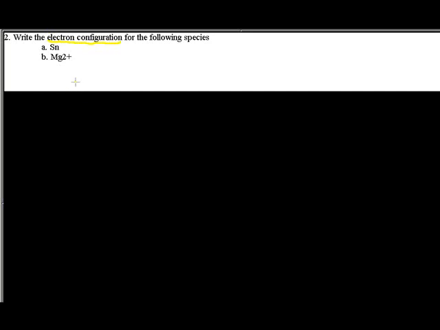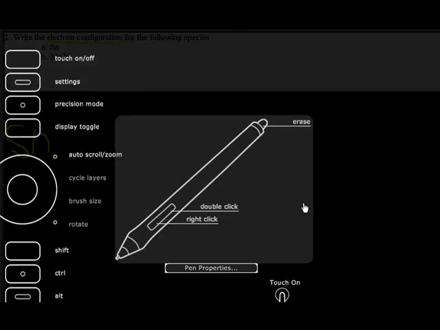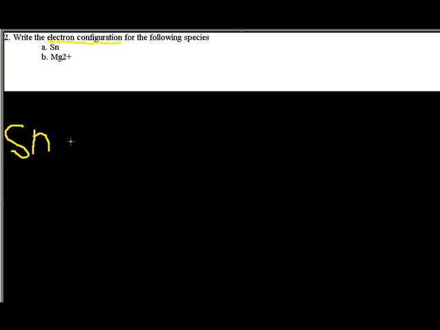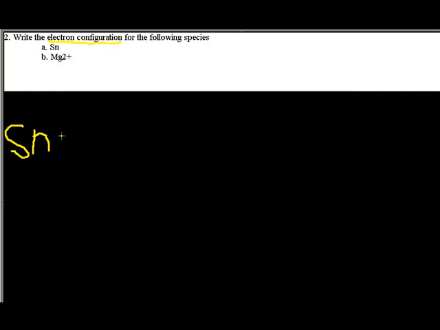And it's asking for the electron configuration first of Sn. Sn has an atomic number of 50. And so we're going to have to account for 50 electrons.